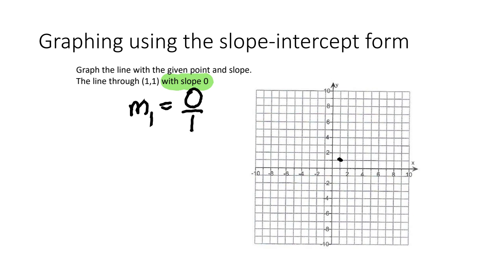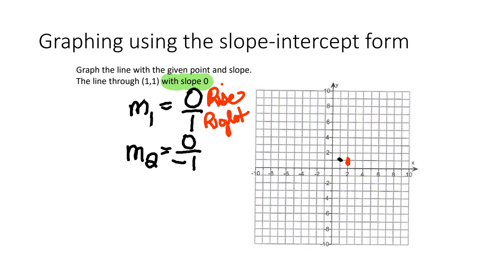Slope 2 is 0 over -1, which means I'm not going up, because this is my rise. My rise says I stay right where I am, but I go right. This slope is going to go right here.